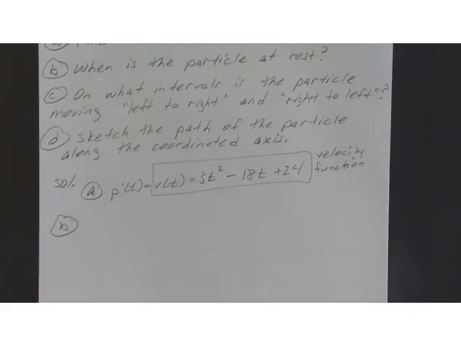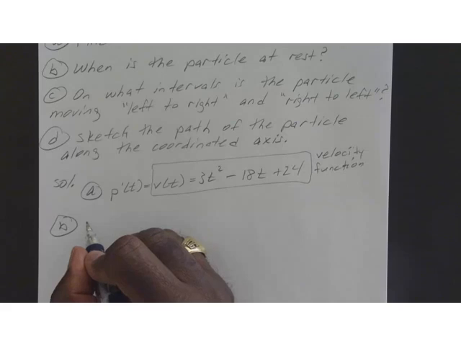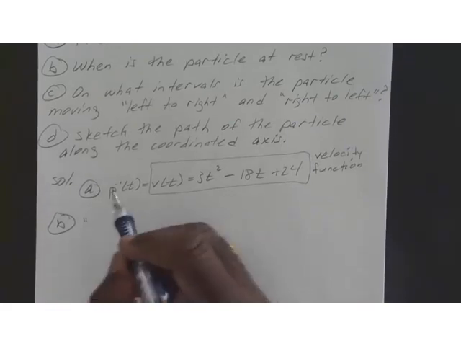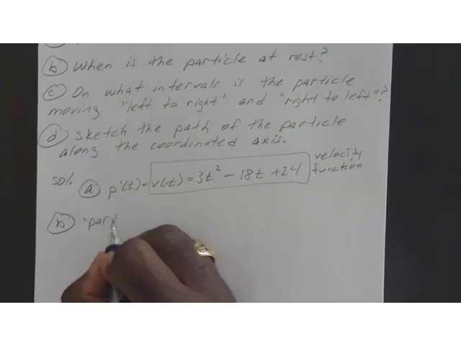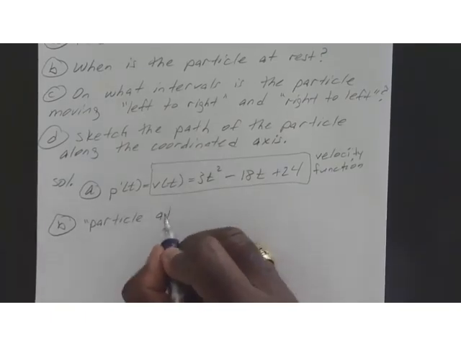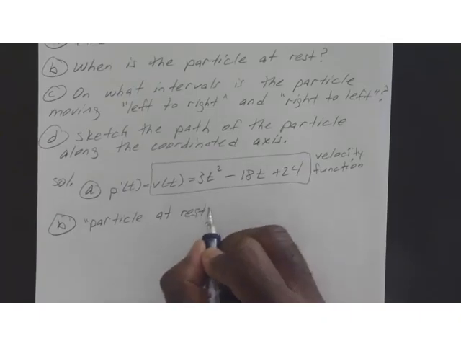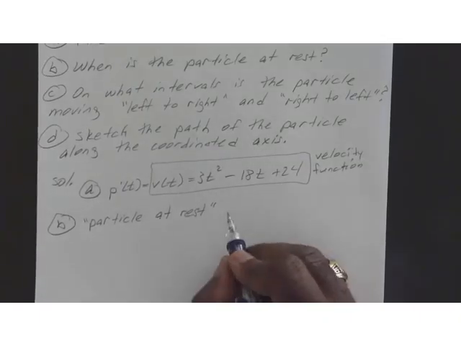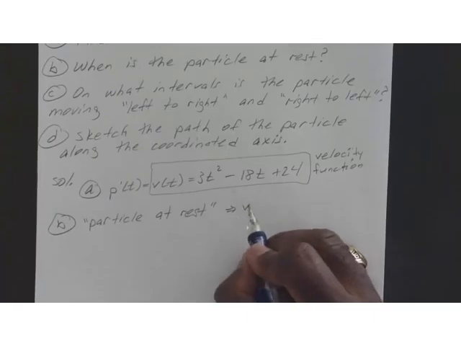So for B, when is the particle at rest? The easiest way I found to approach them is to apply these to things you already know. You know that if you're driving your car, you're going 55 miles per hour, or whatever the case may be, then that's your velocity. Now, if your car is at rest, then you're going 0 miles per hour. So when you see something like particle at rest, that's just another way of saying your velocity is equal to 0.